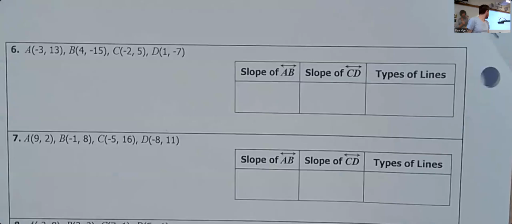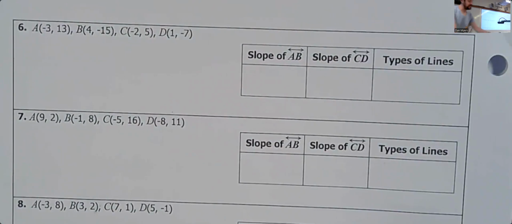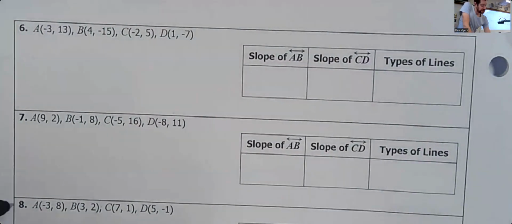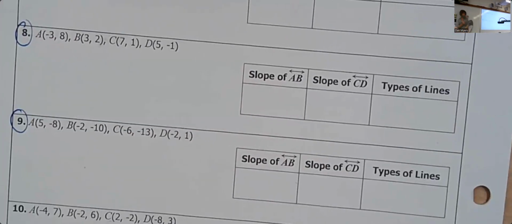All right, turn the page. The last 4 that I want you to do here. I'll pick some good ones for you. Let's go with number 8. Do number 8. Do number 9. Do number 11 and number 12.